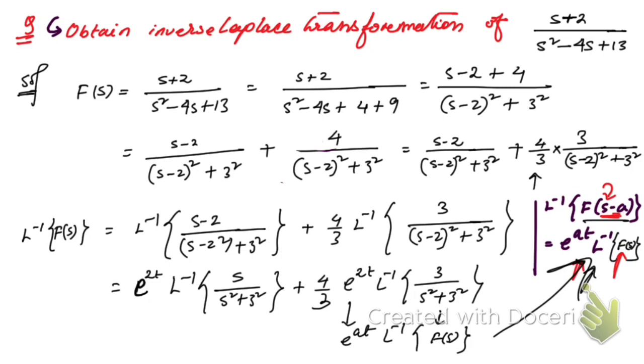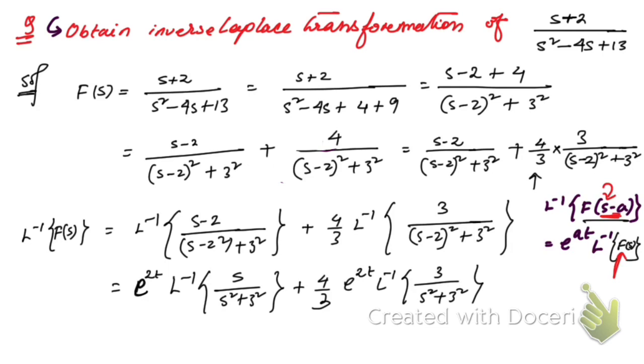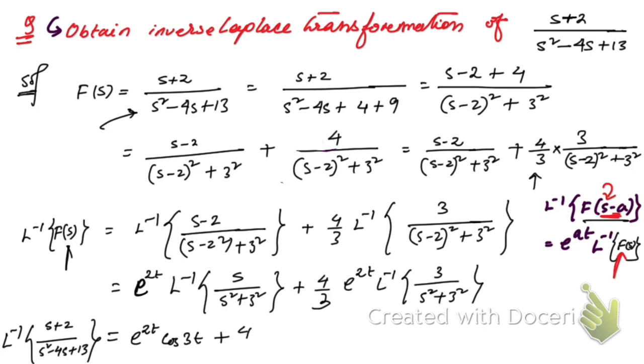Therefore, in the inverse Laplace transformation, here this F of s is nothing but this one, s plus 2 divided by s square minus 4s plus 13, and e to the power minus 2t, sorry, not minus 2t, sorry, 2t, and the inverse Laplace transformation of this is nothing but cos 3t, then plus 4 by 3 e to the power 2t, and the inverse Laplace transformation of this is sin 3t, right?